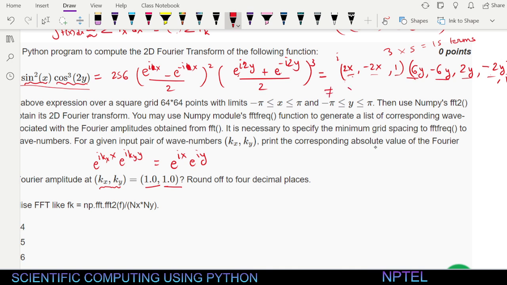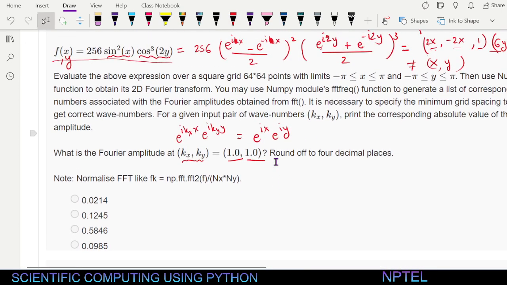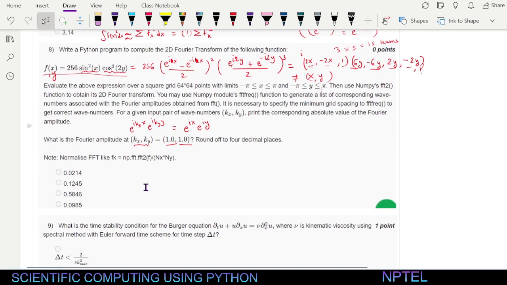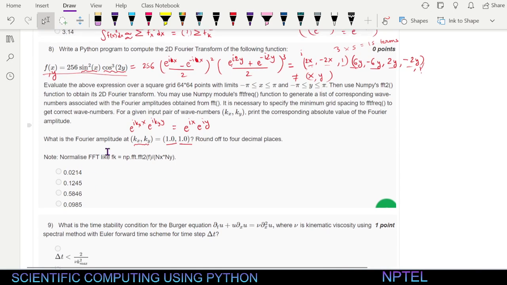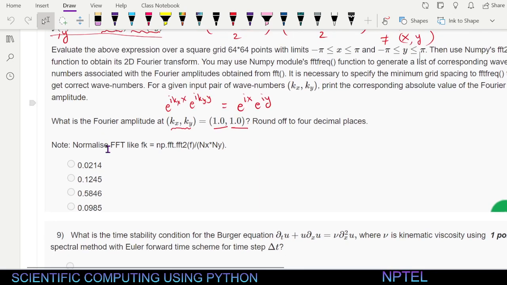There are no xy terms here, which means the answer should be 0. So I don't know if you get anything here. We'll see. Maybe there is some error and that gives you one of the answers. But ideally, the answer is 0. So even if it is there, it's going to be very close to 0.